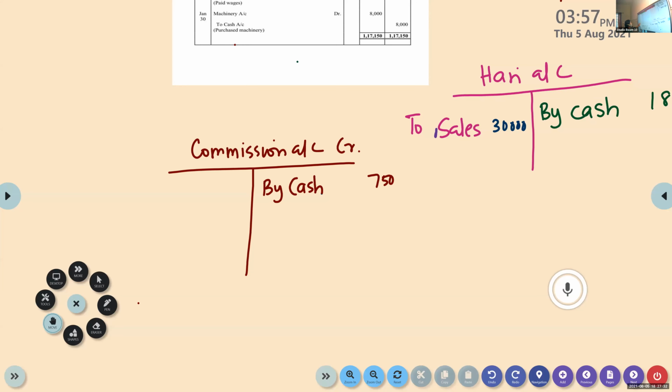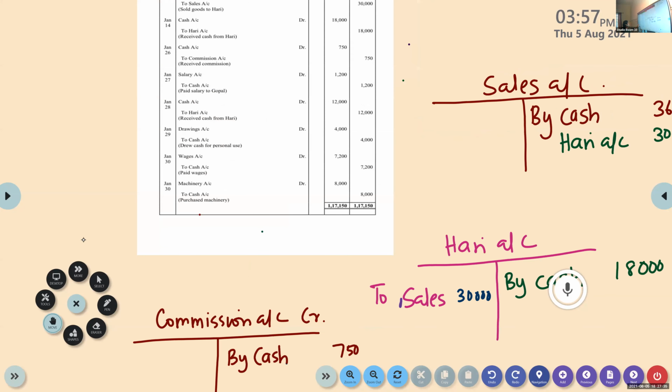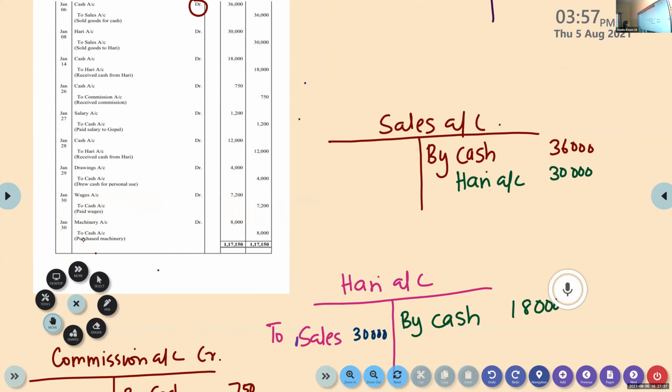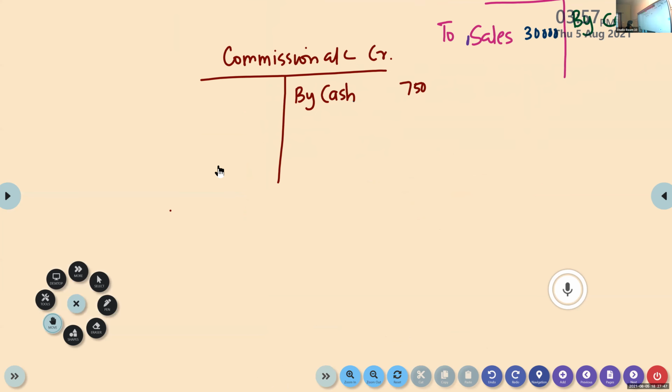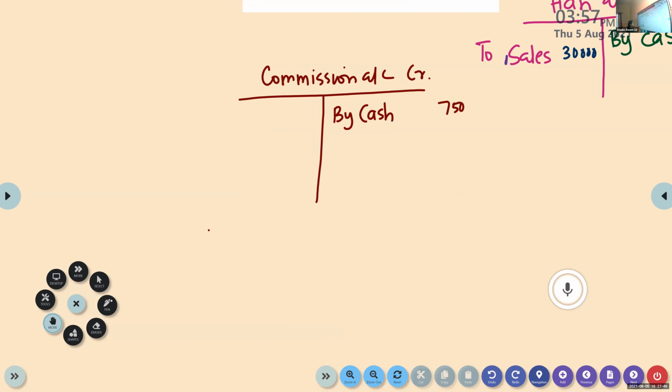Okay. Now the next entry. Salary account debtor to cash. So open the salary account.